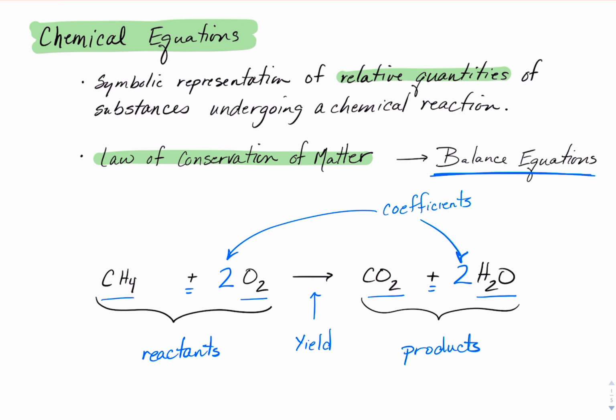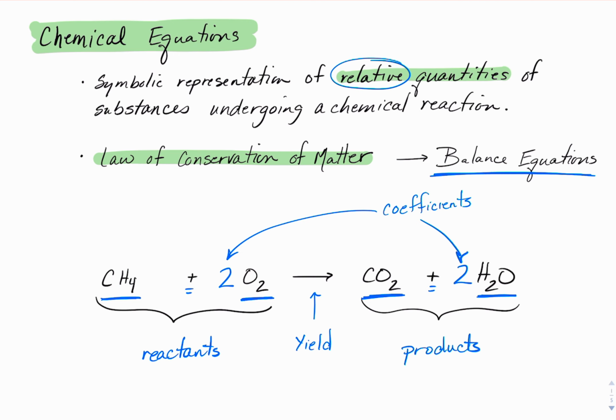Because these are relative quantities, I could reread this reaction, instead of referring to a single molecule, and say that 1 mole of CH4 must react with 2 moles of O2 to produce 1 mole of CO2 and 2 moles of H2O.